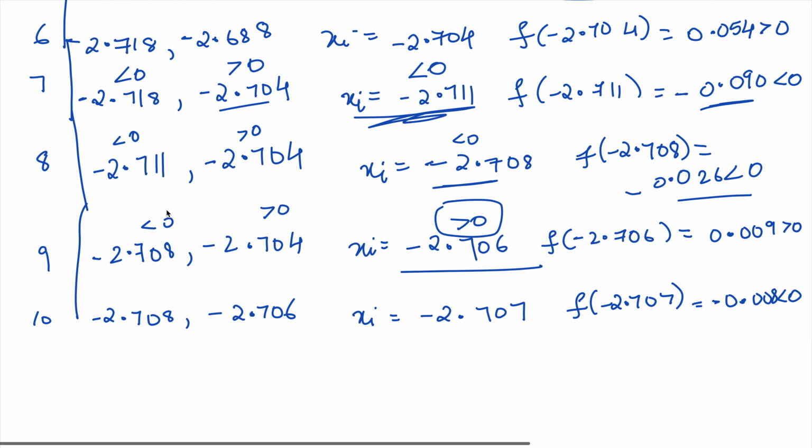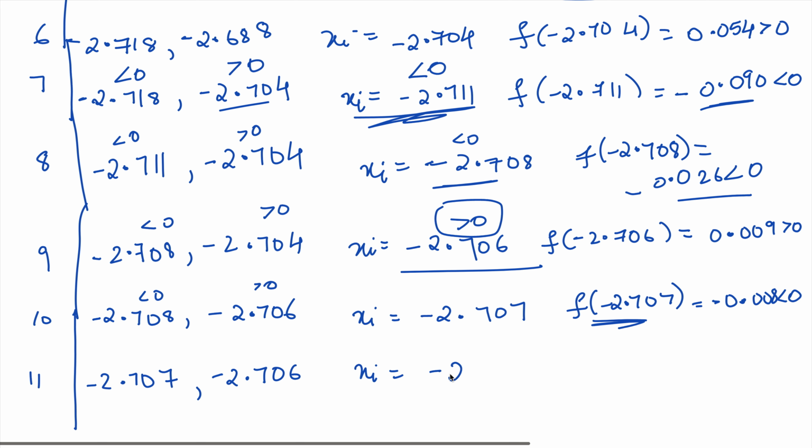So this was less than 0, this was greater than 0, and whatever we got is less than 0. So what will we take in the next interval? -2.707, and since this was less than 0, we'll take something which is giving us greater than 0, which is -2.706. Now xi is -2.707 plus -2.706 divided by 2, which is -2.707 again.